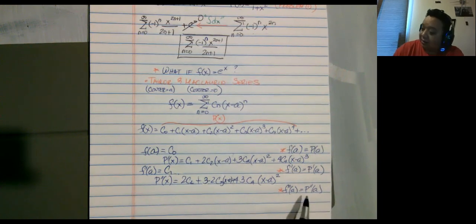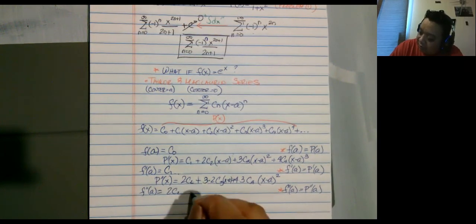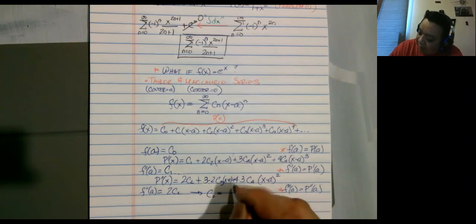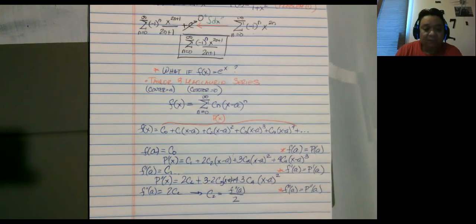Plugging in a, we get f double prime of a is equal to 2c2, which means c2 is f double prime of a all over 2.